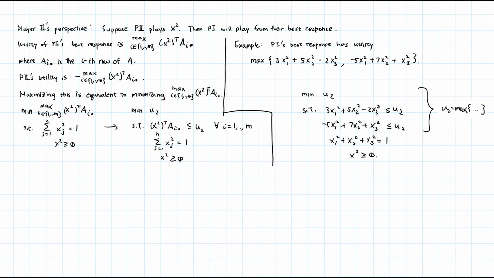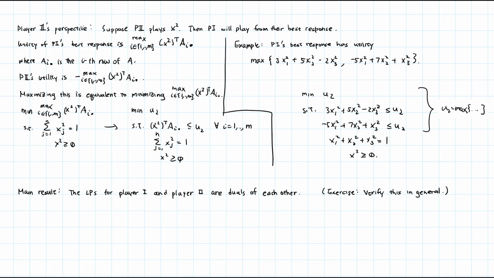Now there is a good reason why we go to great lengths to derive these 2 LPs. The punchline here and the main result is that the LPs for player 1 and player 2 are actually duals of each other. And we will ask you to verify this as an exercise.